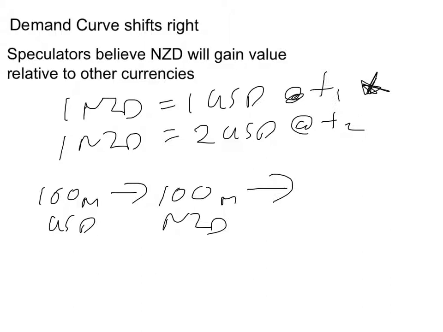And then you convert these New Zealand dollars back into US dollars at the new exchange rate. And you're going to make 200 million US dollars. Yeah, I know it's surprising, isn't it? There's a lot of money to be made dealing in foreign exchange, but I should also add there's a lot of money to lose in dealing with foreign exchange, because remember, it's a zero-sum game.